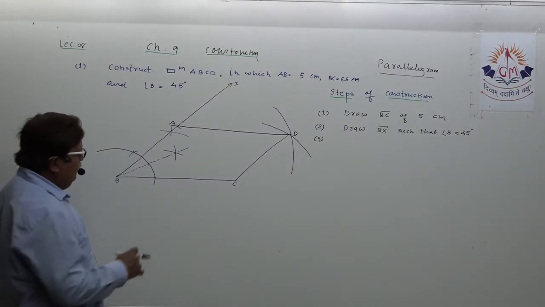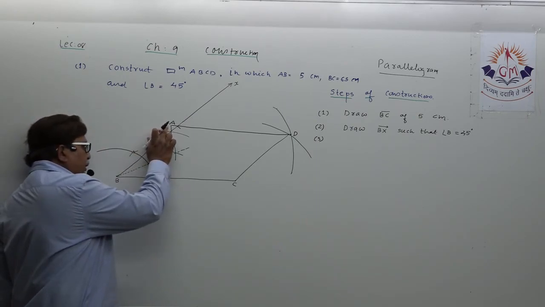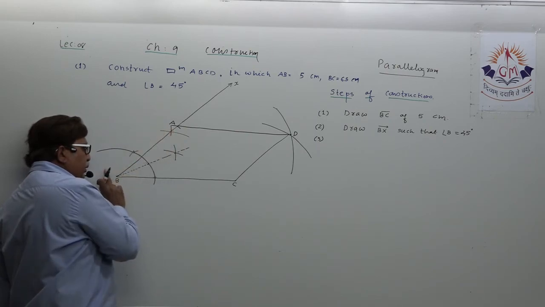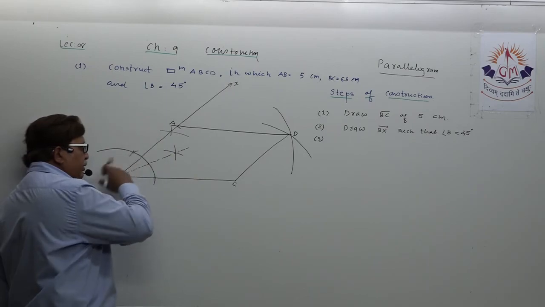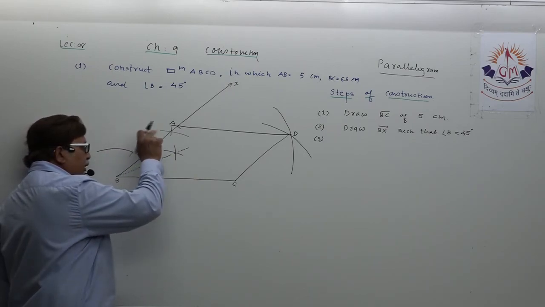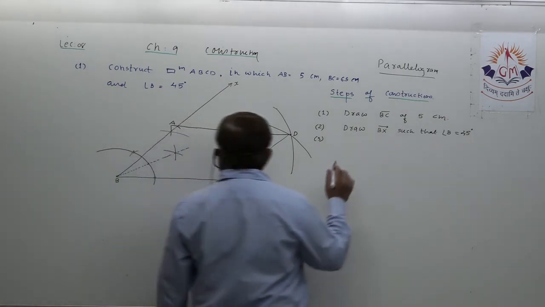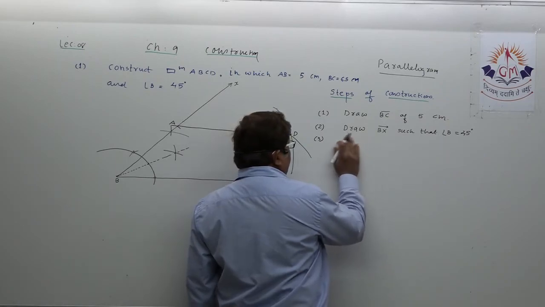Okay. Now you have tried to acquire point A, and for that particular purpose you have taken B as center and radius of 5 centimeter, and you have drawn an arc which intersects ray BX at point A. Let us write it. The step will go like this.